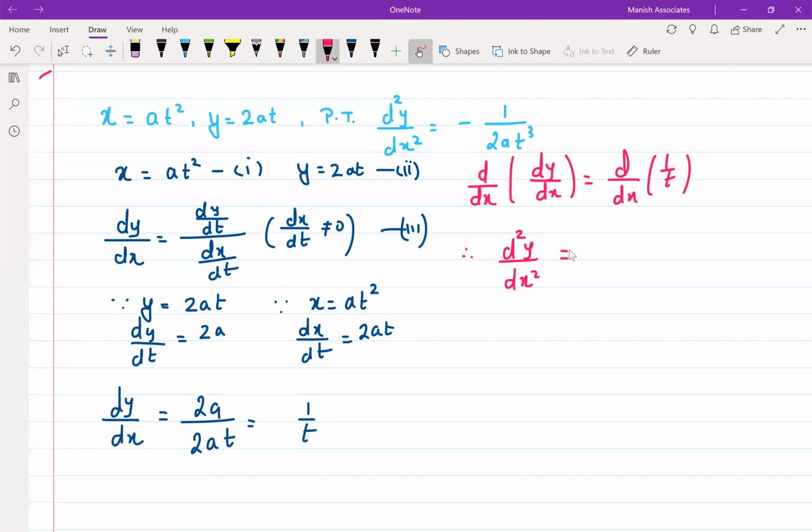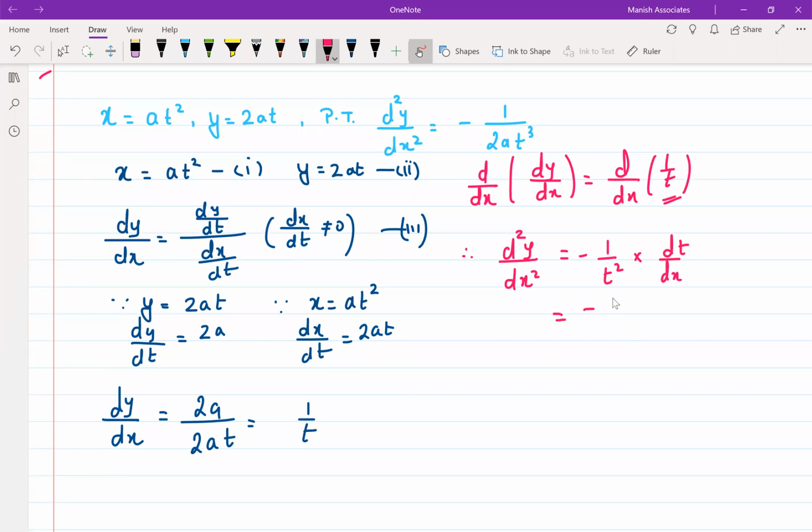And on your RHS, now remember, t is not a constant, it is a variable, it is a third parameter. So it's 1 upon t. Now, what will be the derivative of 1 upon t? It is like 1 upon x, but here it is 1 upon u. So minus 1 upon u square into d by dx of u.